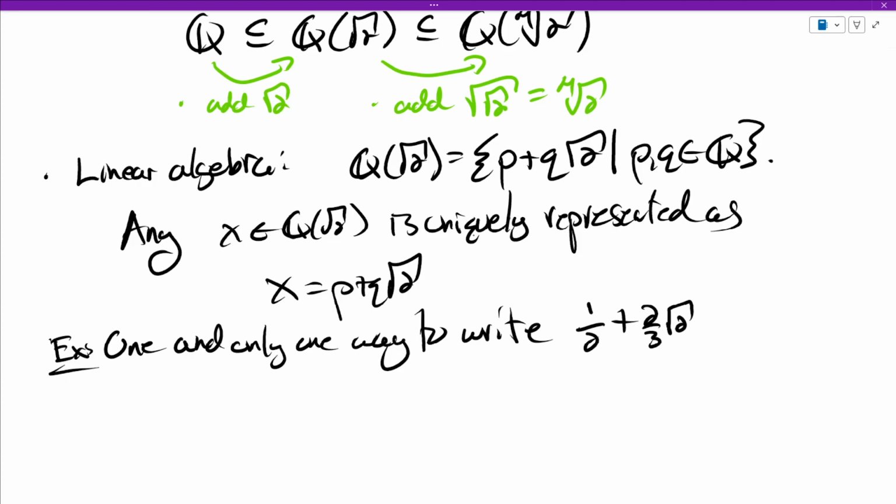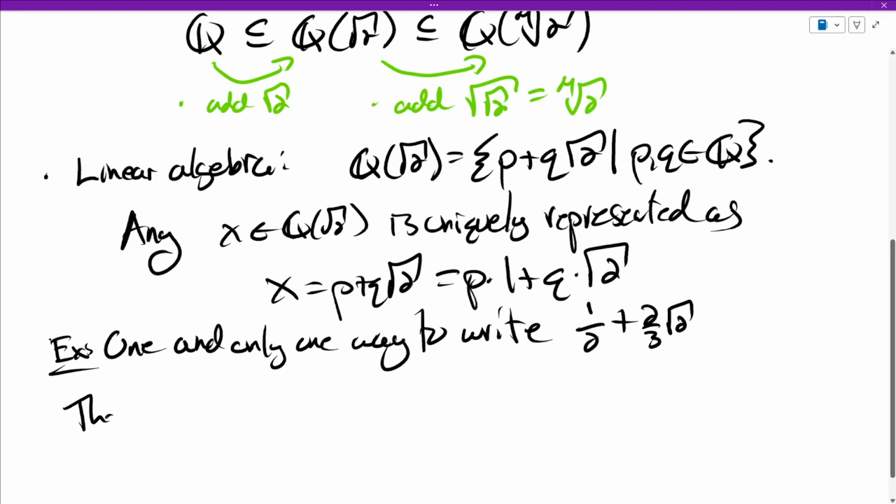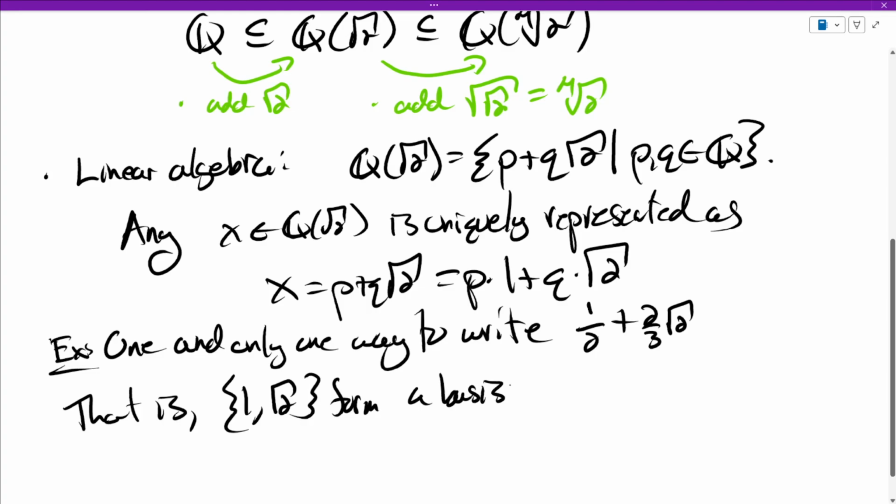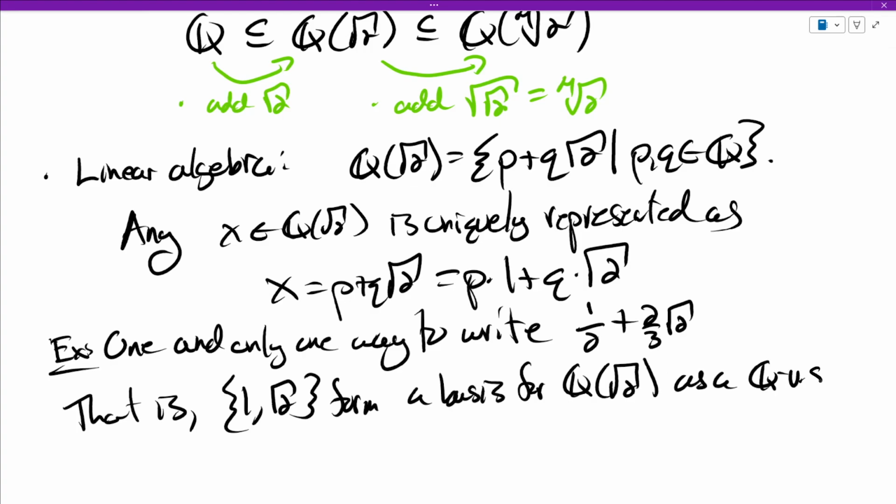And whenever you can uniquely represent something, in this case as a combination of the rational number 1 and the number root 2, what this is saying is that 1 and root 2 form a basis for Q adjoin root 2 as a Q vector space.